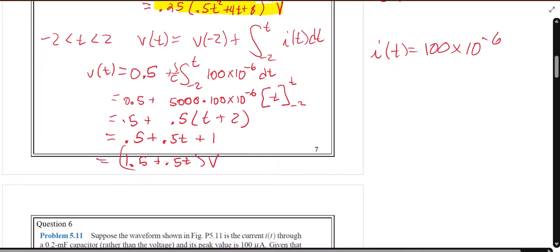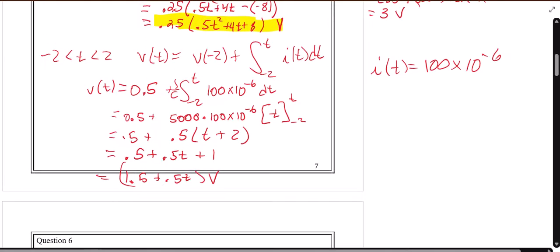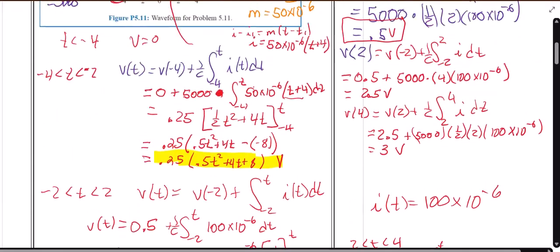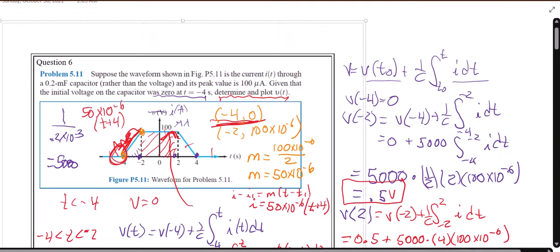So now let's look at the voltage from 2 to 4. So 2 to 4, and we'll have v of t equals v of 2 plus the integral from 2 to t, 1 over c, don't forget the 1 over c, 2 to t of, now we need the equation of this line.